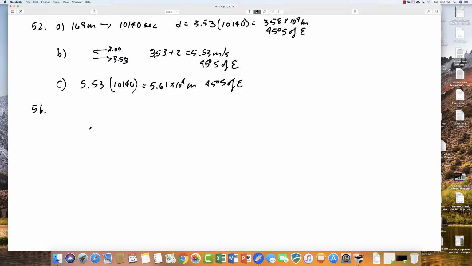Number 56. Now, number 56 is actually a very interesting problem and could appear on a quiz or test. This takes the same problem we did in number 38 and then adds the fact that instead of looking at it in relation to the ground, which is what we did before, we're going to look at it in relation to the quarterback. This is the vector for the velocity of the ball in relation to the ground right here.